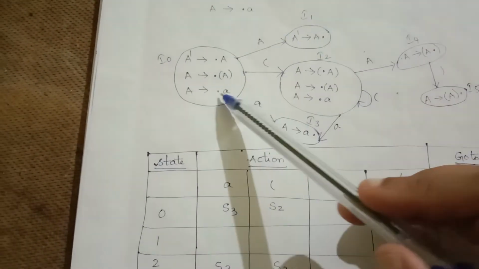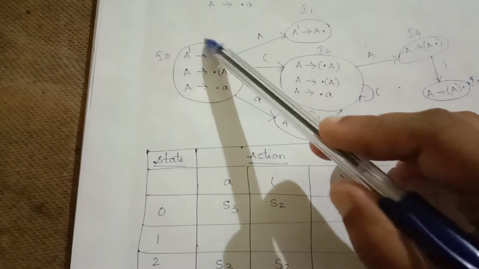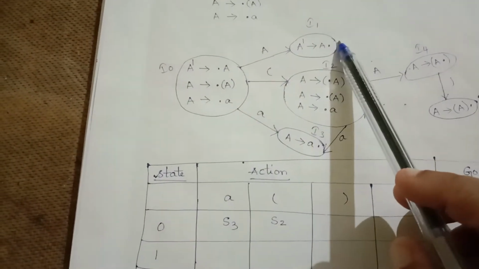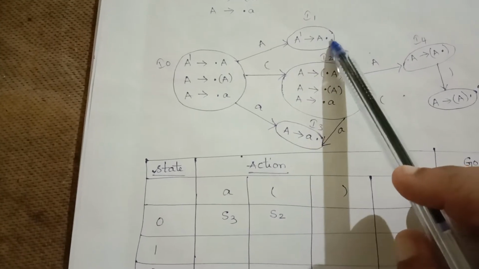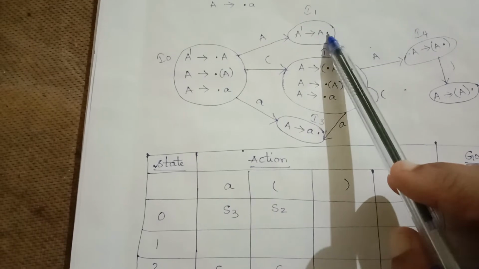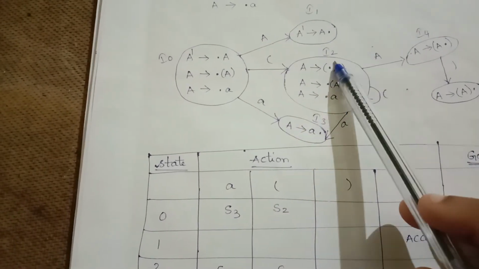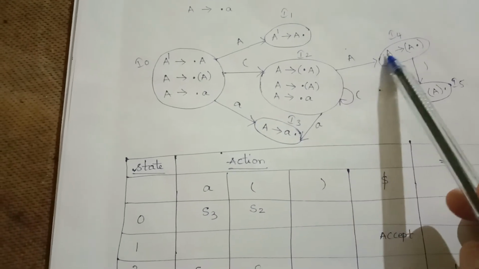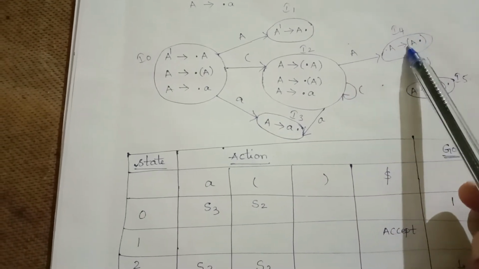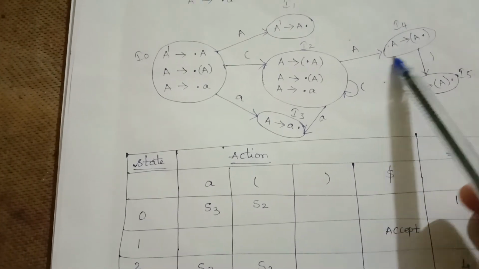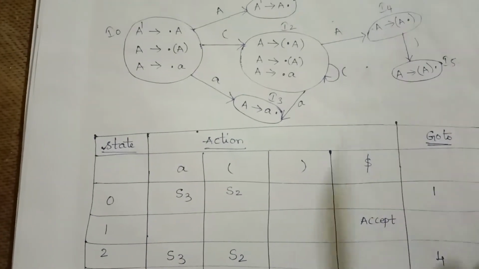Now whatever we have in this I naught state, all the symbols have been completed. Now check whether the dot has been placed at the end of all the productions or not. In I1 state it has been completely done. Now in I2 state, on symbol A, it becomes A tends to left parenthesis A dot right parenthesis, and this is considered as state I4.